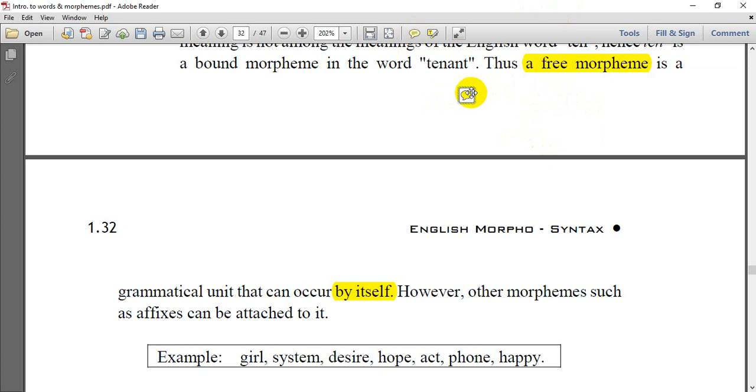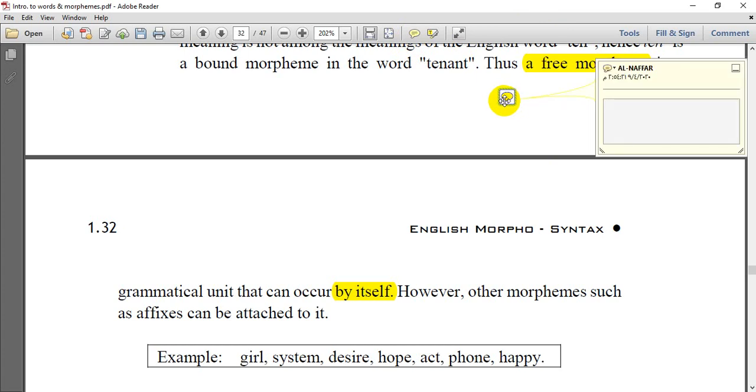The free morphemes: we have lexical morpheme, and we have functional morpheme.